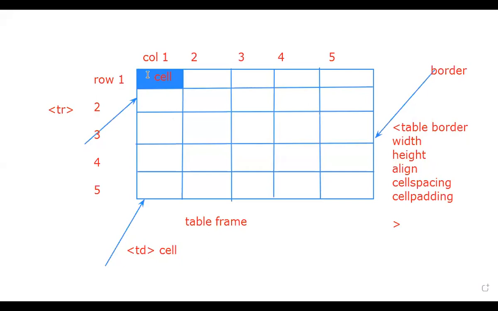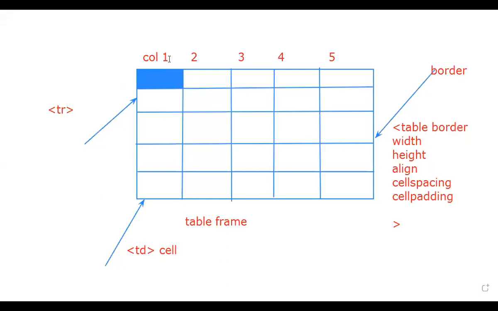So when you want to implement this structure into your coding, the first thing is you have to create your row. After creating the row, you have to go on adding the columns. Suppose I have row number 1.